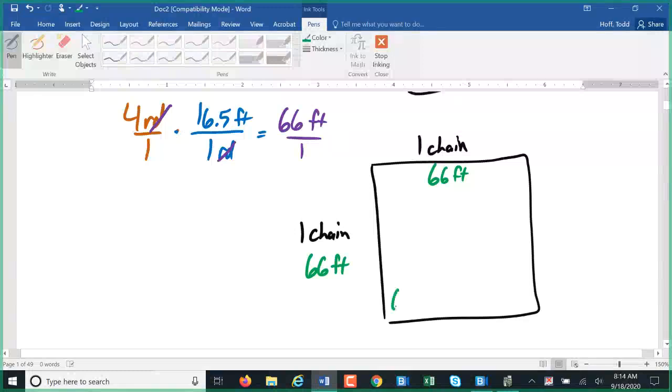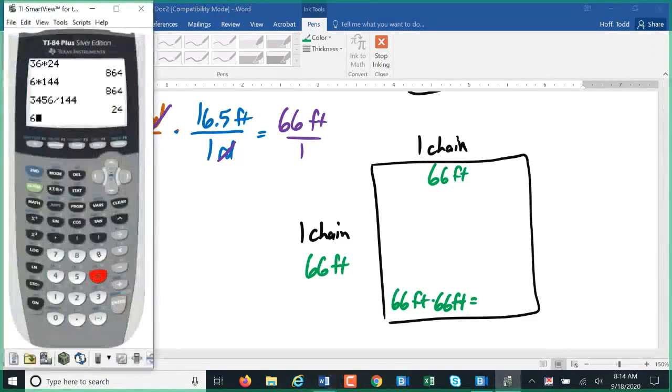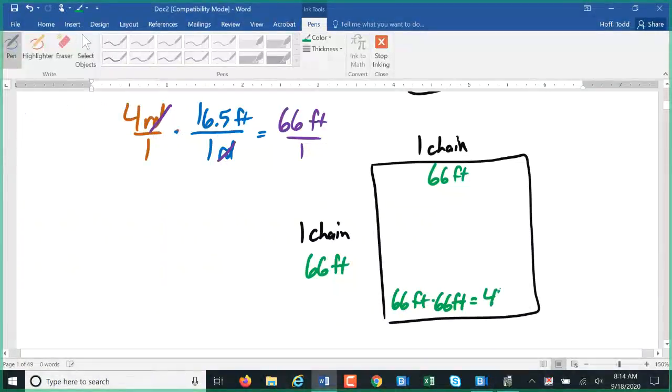So that means that's going to be 66 feet times 66 feet, which gives 4,356 square feet. That is a very important unit when it comes to land surveying and land measurement.